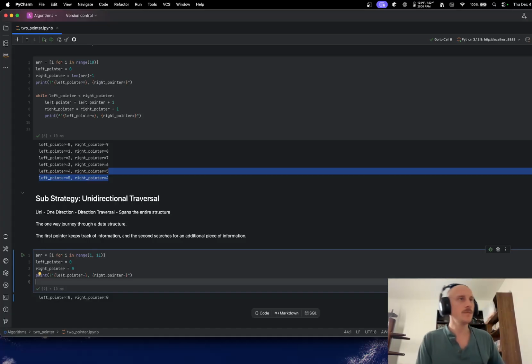So let's create a situation where for each number, we want to print a combination of the two. So let's see.